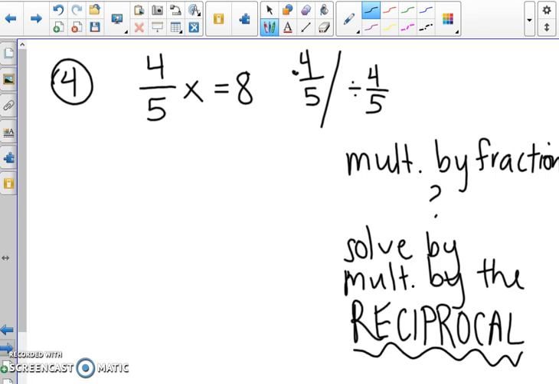A reciprocal is a really important vocabulary word. Hopefully we've heard about it before, but what it is, when you have a fraction, you just flip it. So instead of dividing by the actual fraction, we can multiply by the reciprocal, the flipped version.